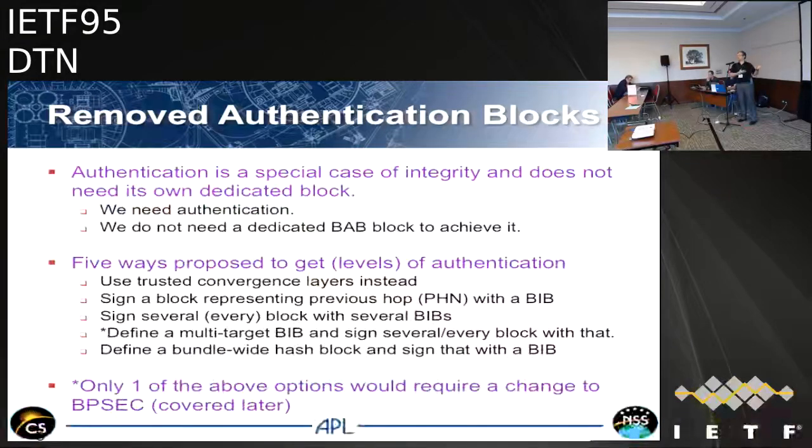So between these 5 and perhaps others, we feel that there are ways that we can get authentication in a network as a matter of policy and network design, as opposed to requiring the bundle authentication block and the bundle canonicalization that is required by it. Are there any questions about removing the authentication block?